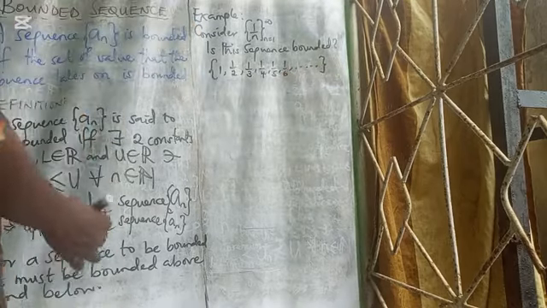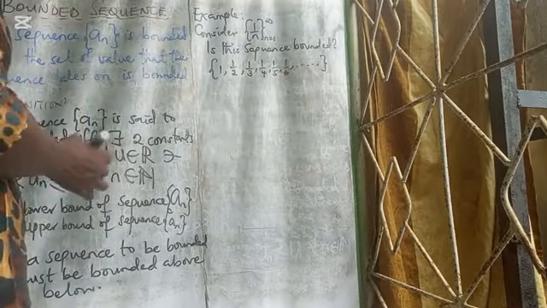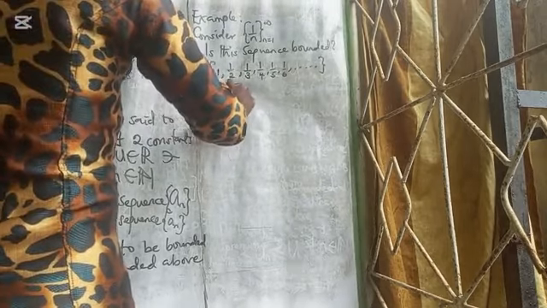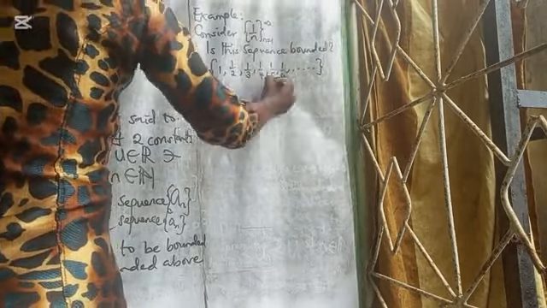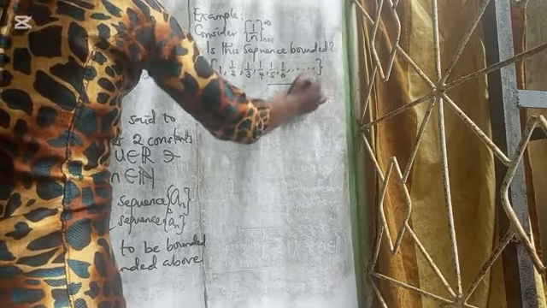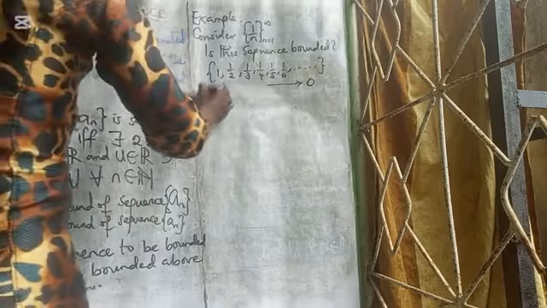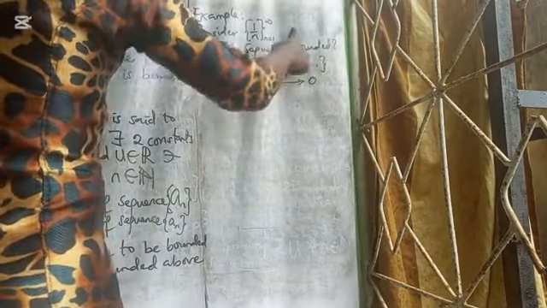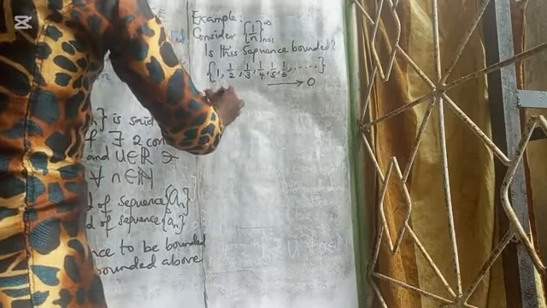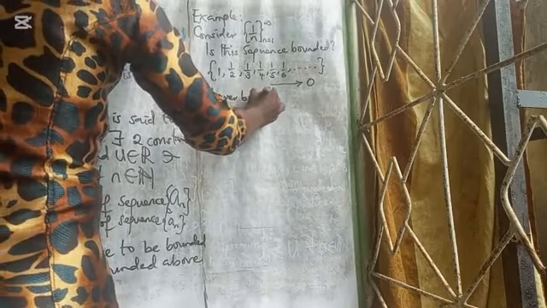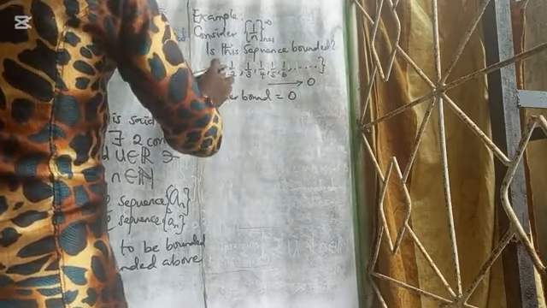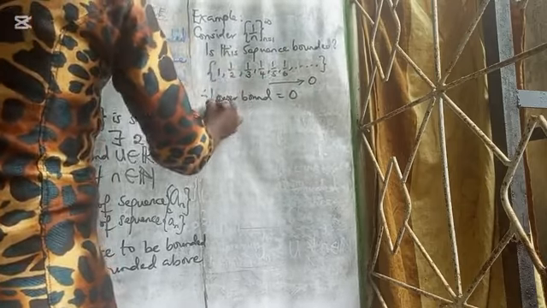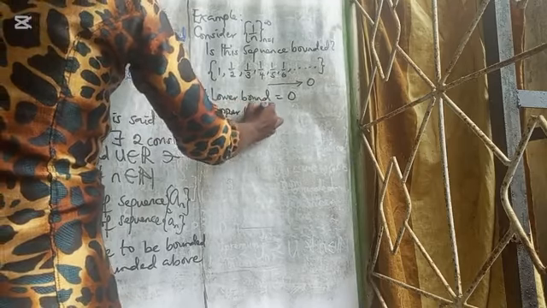What can we notice in the trend of this sequence? The greater the n, the sequence tends towards 0. Because it is moving towards 0, which will be the least number in this sequence, we know that our lower bound is equal to 0. And what is the highest number in the sequence? 1. That is our upper bound.